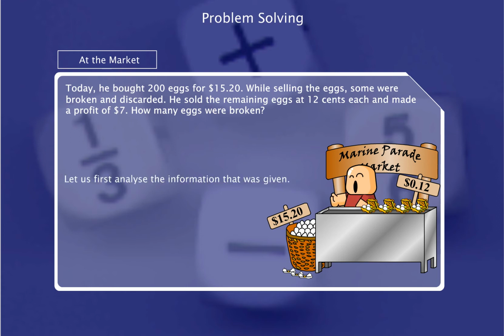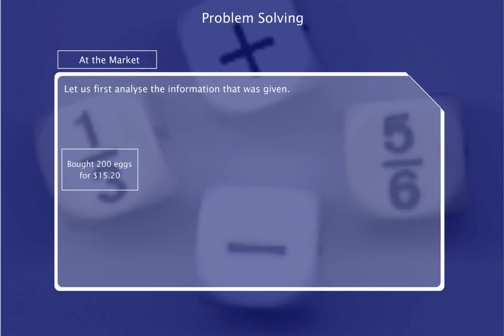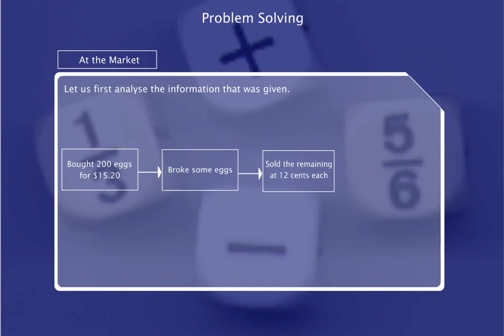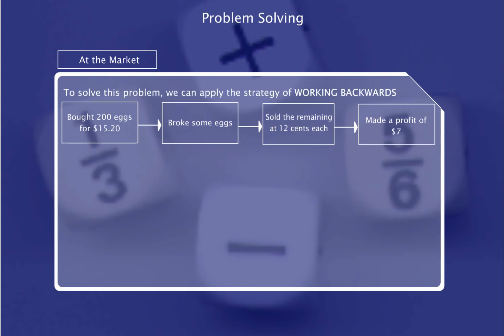Let us first analyze the information that was given. To solve this problem, we can apply the strategy of working backwards.